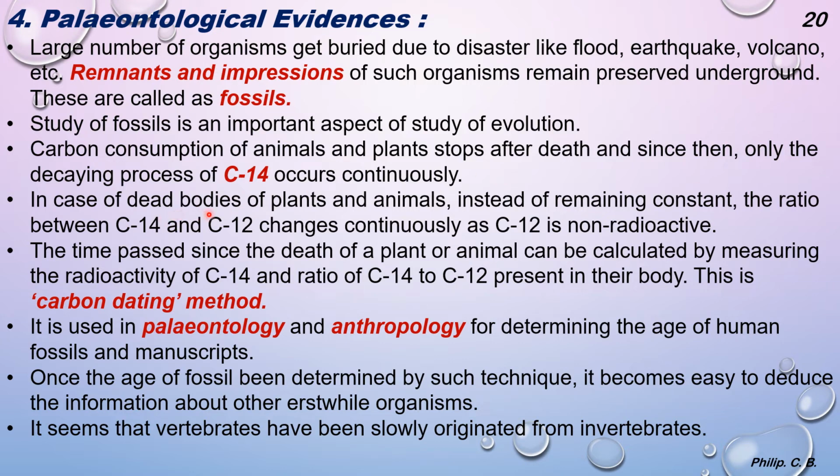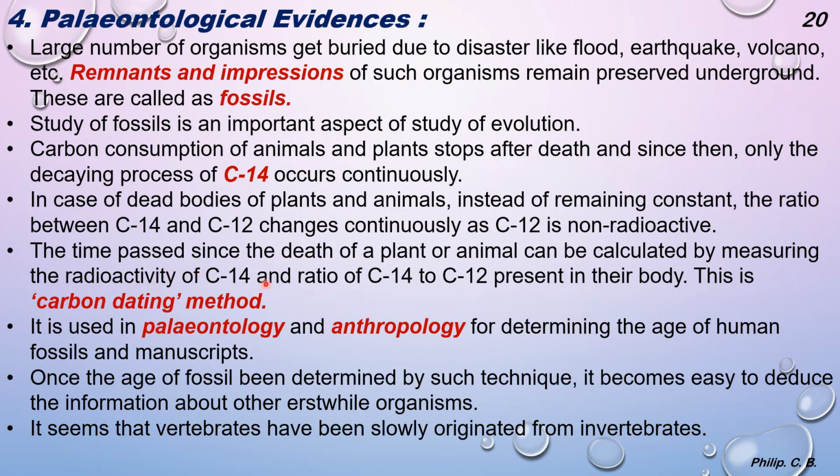In dead bodies of plants and animals, instead of remaining constant, the ratio between C14 and C12 changes continuously, as C12 is a non-radioactive part. Both C14 and C12 are carbon, but different components, or in simple words, like isotopes, as you learn in chemistry, right?